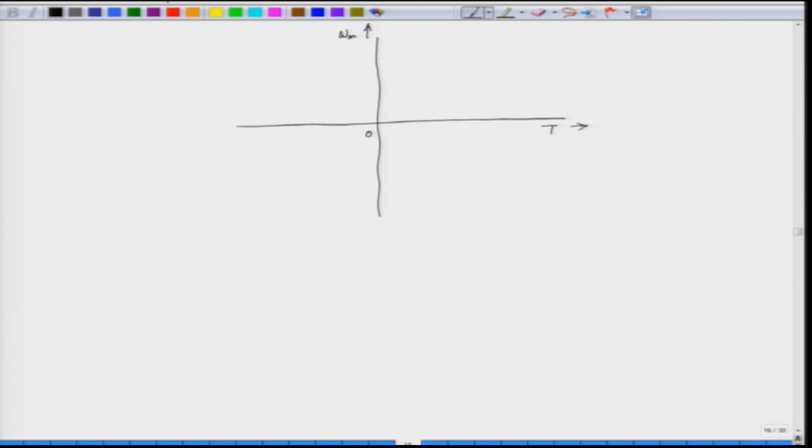Now, usually for motoring we have this behavior, and if we increase the resistance, it changes like this. But if we extend this to the second quadrant, this characteristic will be like this. Similarly, this is for a different resistance. If we increase the resistance still further, we get it like this.